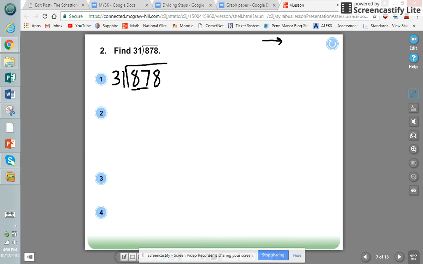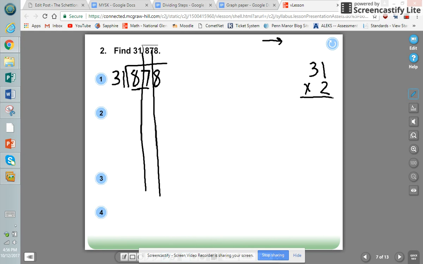Okay, so I'm working right above the 7. If I had columns, it would look like this. Nice and straight. Now I need 31 times some number that gives me 87 without going over. I'm going to carefully multiply, and this is where my work is going to be done on the right side.